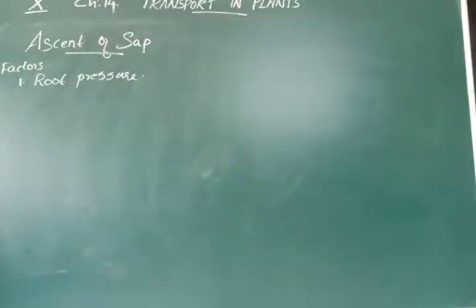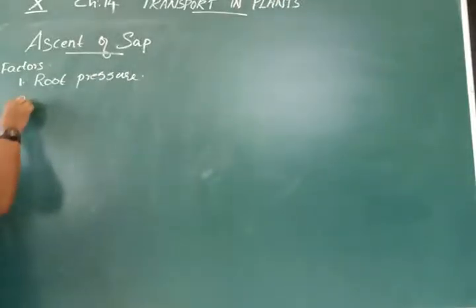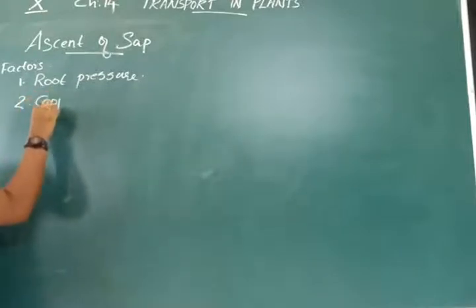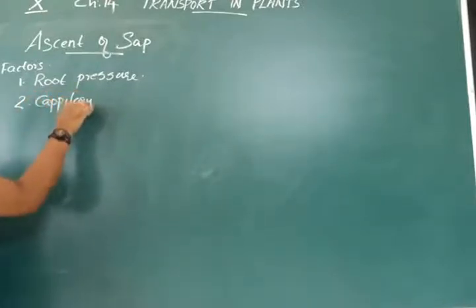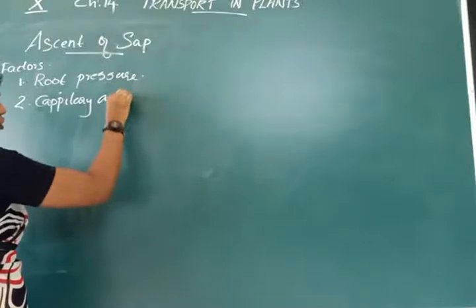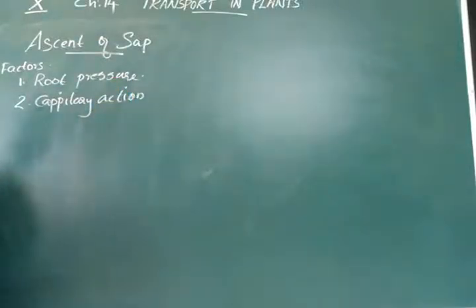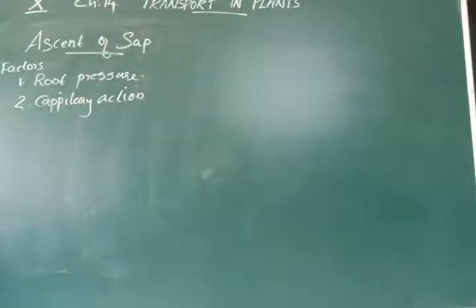Then the next factor is capillary action. Due to the capillary force, the water from the root moves towards the tip of the plant. Water rises in a capillary tube because of physical forces. The same phenomenon happens in the plant also.